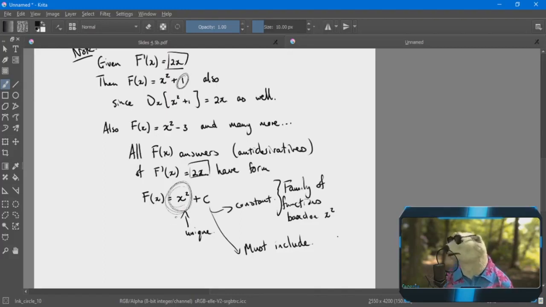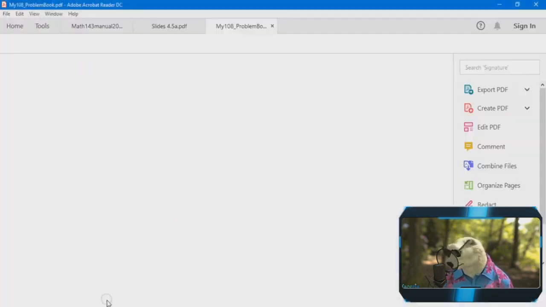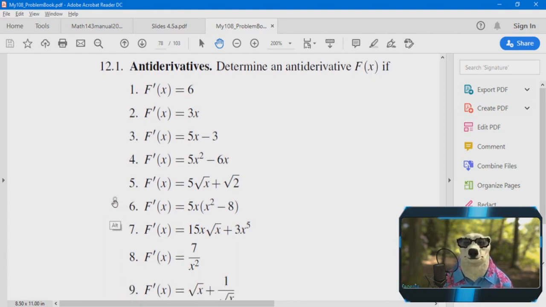Okay, so let's go to our problem book and see what else we can do. We are in chapter 12, according to my numbering, and we are finding antiderivatives. So let's just do a couple, and we'll see that they are, to a large extent, based on the basic properties, just in reverse.